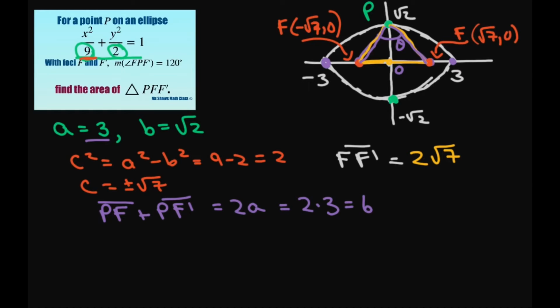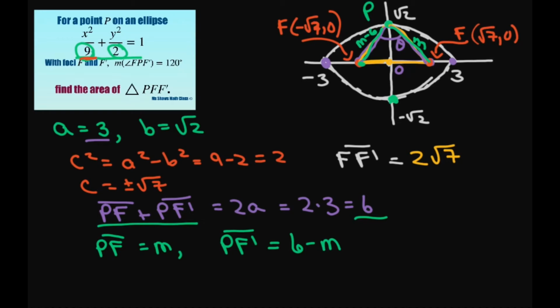Let's let PF equal M. And PF prime is going to be 6 minus M. Then from that triangle PFF prime, we're going to use the law of cosines and solve for M. So we need to solve for this M, these lengths here, before we find the area.